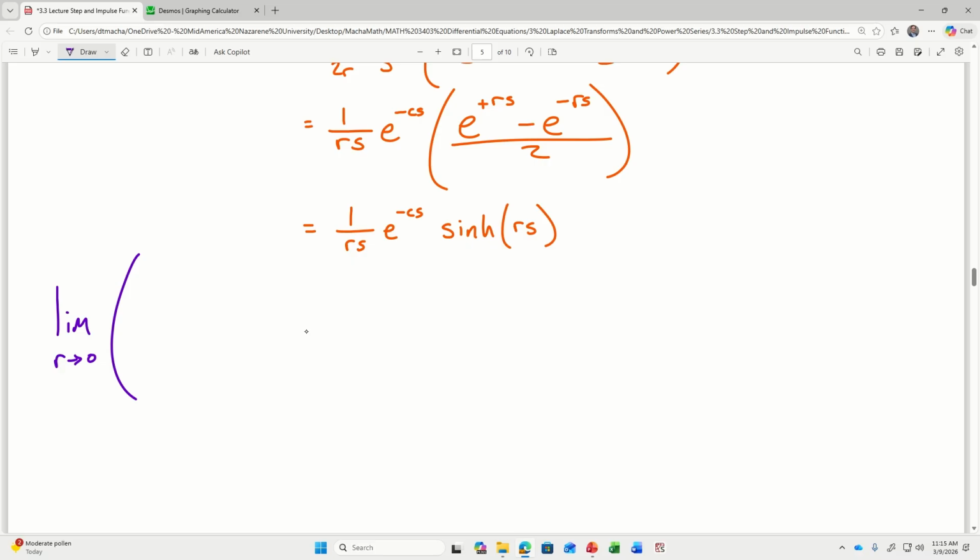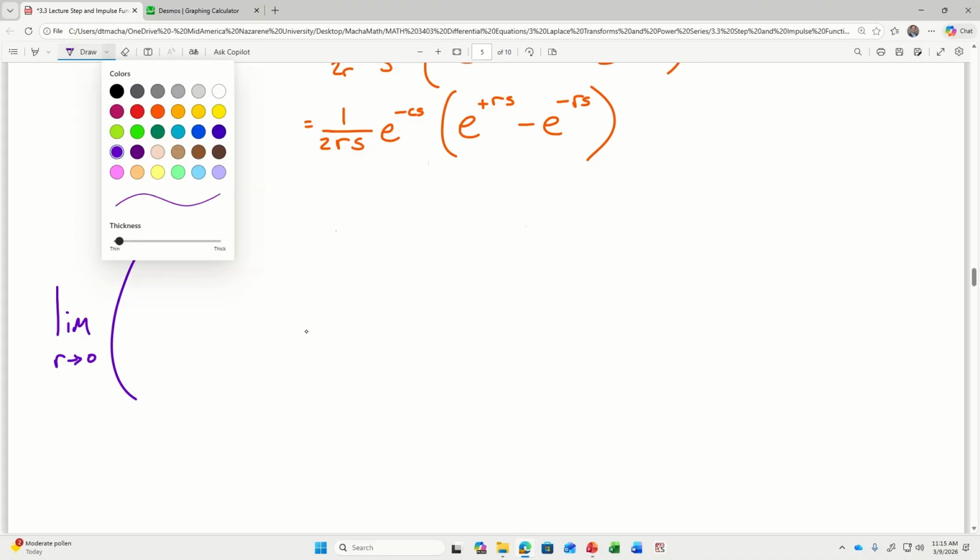And heck, if you're not super comfortable with the sine and the cosine hyperbolic, maybe that doesn't even help. Maybe we should just leave it alone. Let's see how it plays out if we just leave it alone instead of making it sine, cosine, hyperbolic.